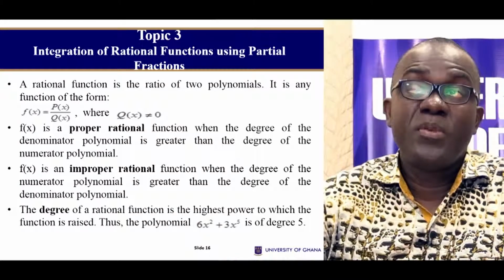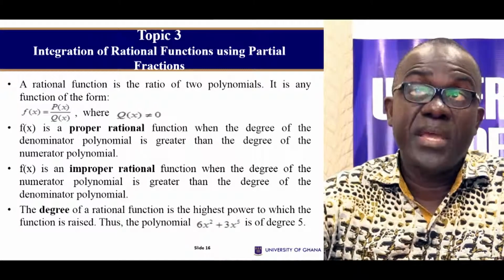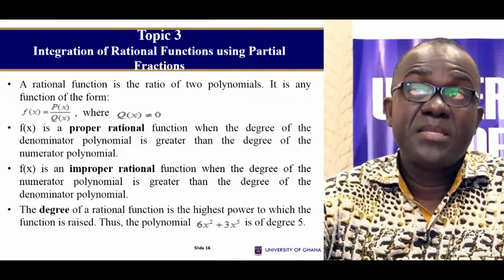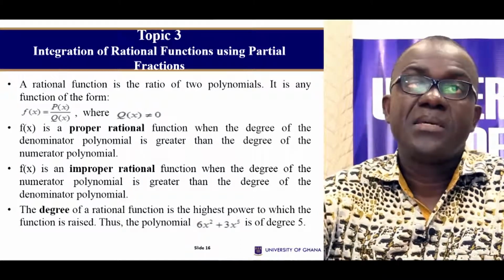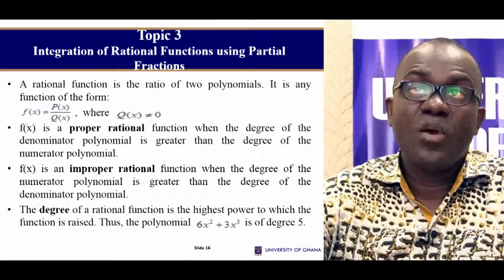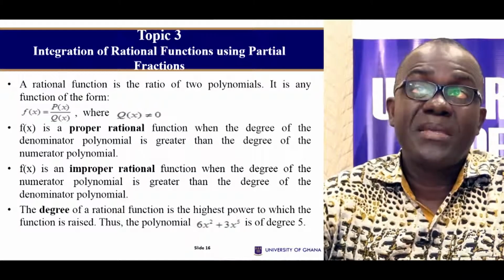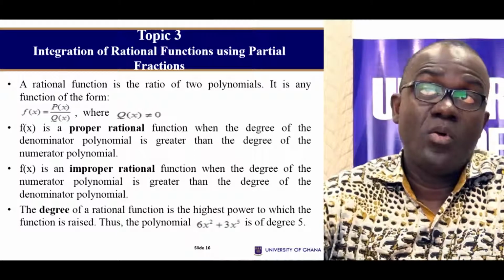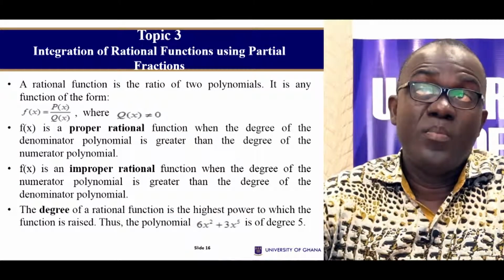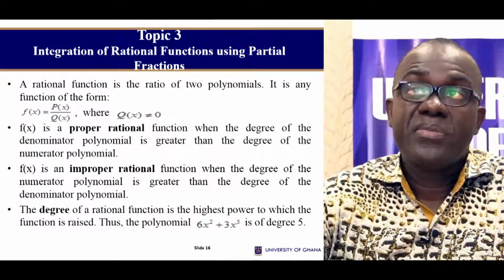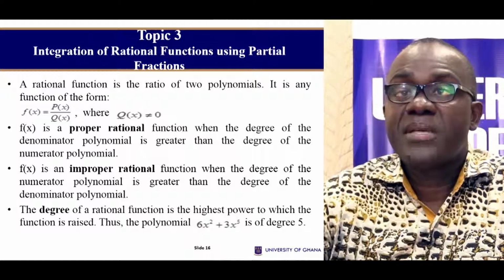So this is a polynomial if the degree is 2, and the denominator is also a polynomial if the degree is 3. The degree here is talking about the highest order, or the highest degree. So this can be a quadratic, this can be a polynomial raised to the power 3. Then we have a proper rational function.